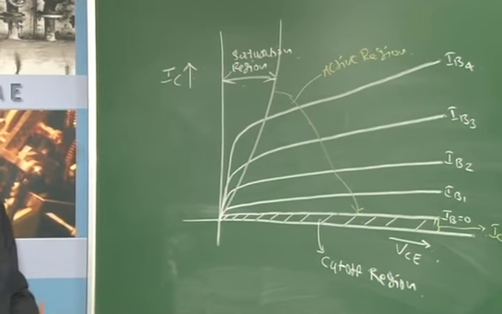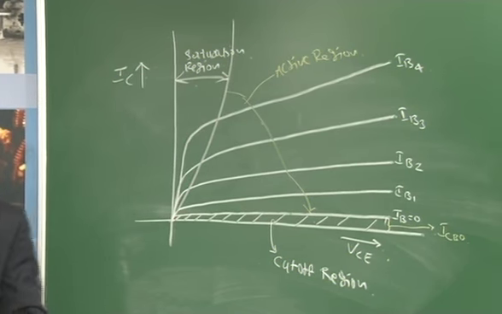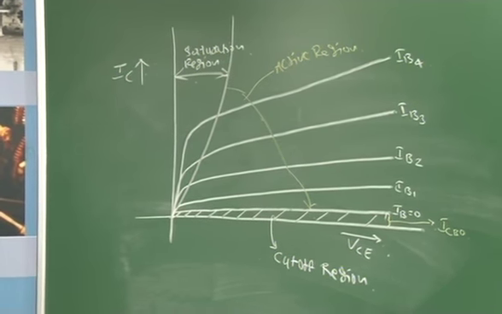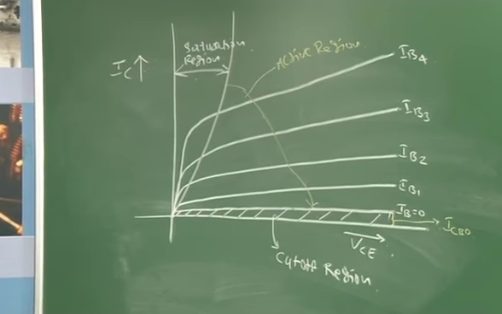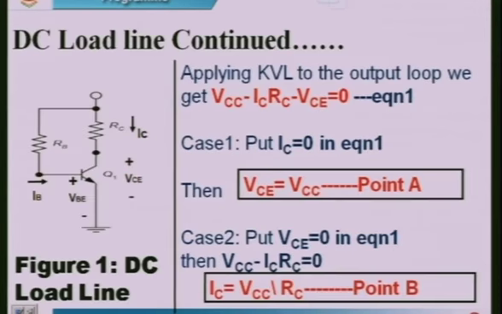Now, we are concentrating on the DC load line. Let us consider the following circuit to draw the DC load line. So, here is a circuit, figure 1, DC load line.